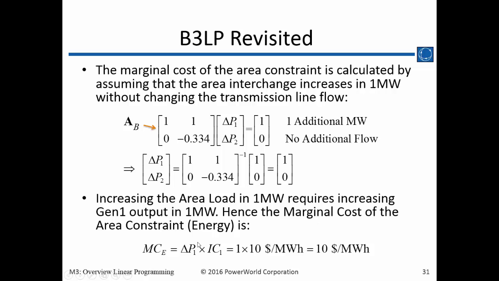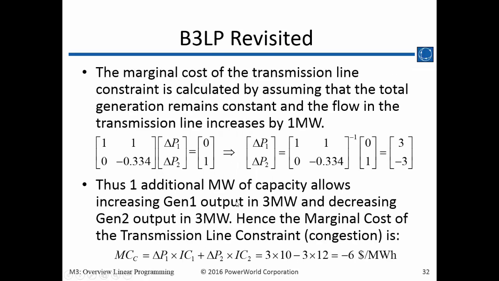So again, the $10 per megawatt hour is just the least cost way to export power from area 1, and that ends up being one megawatt from generator 1 times the incremental cost at that generator, which is $10 per megawatt hour. That's for the area constraint.